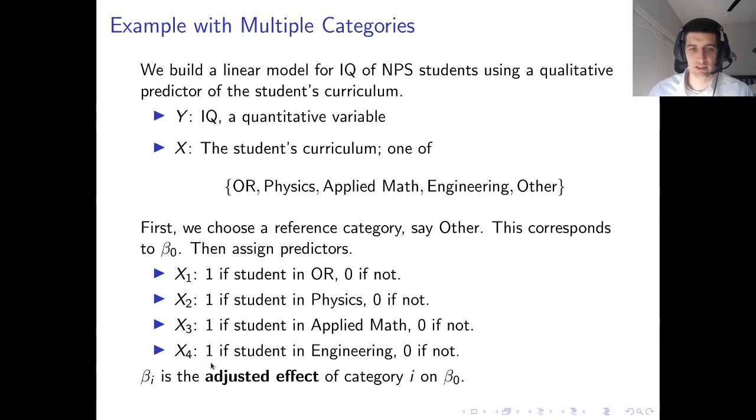It's the effect of engineering, but it's not just the effect of engineering. It's relative to the other curriculum. That's what this contrast is. So when you say adjusted effect, it's clear that it's the effect, but not just the effect. You're adjusting it relative to the reference category. So even though there's a lot of vocabulary going around, I find that it's well chosen for what's actually going on.